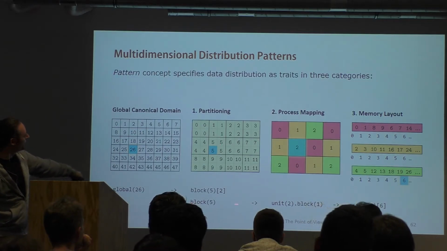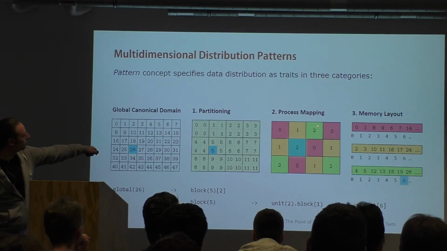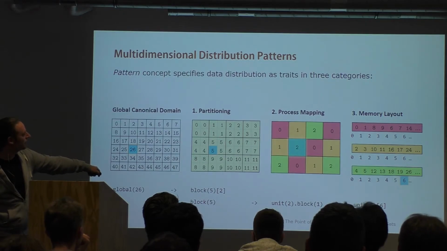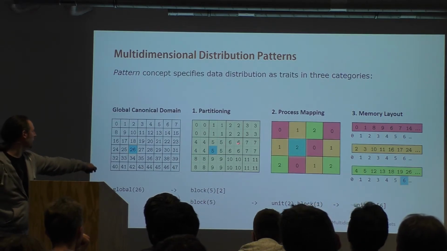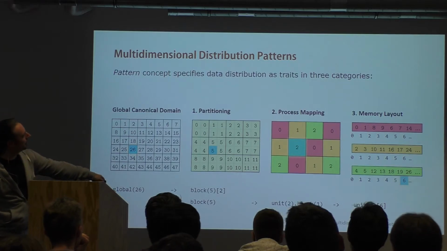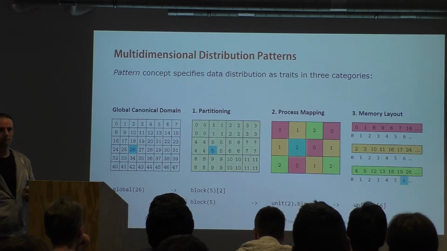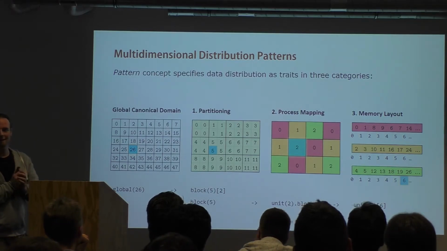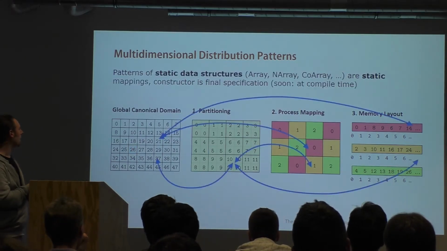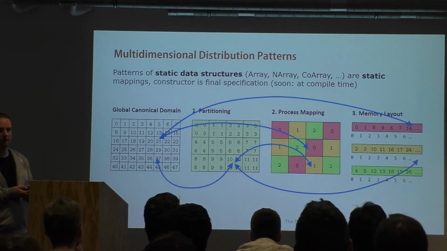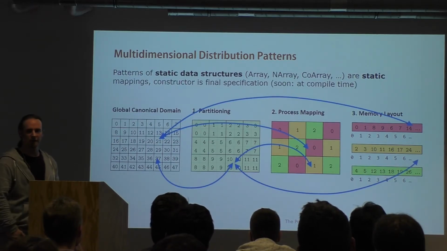Block 5 again maps to unit 2, block 1, so 0, 1. And in this, it is at offset 2, 1, 2. And this again translates to unit 2, local offset 6. Are we having fun yet? So these are the mappings that the pattern concept provides.